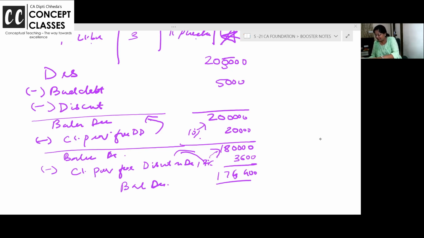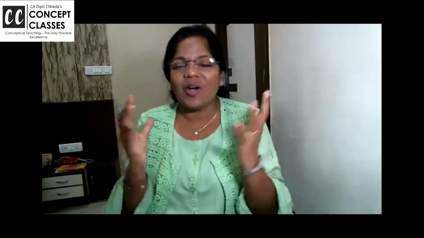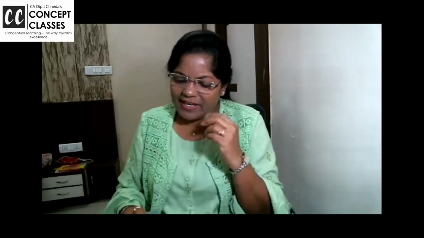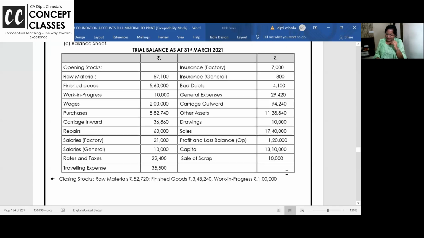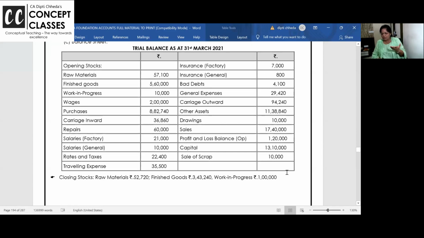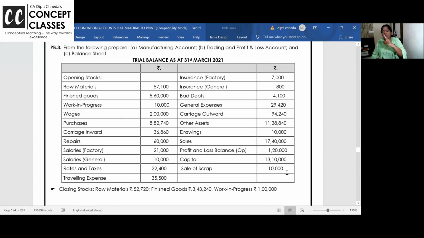Easy. चलो. Now, last, just to make a combo of all our knowledge, trading, P&L, मैन्युफैक्चरिंग अकाउंट, बैलेंस शीट सब बनाते हैं. मैम इतने बड़े प्रॉब्लम्स आएंगे? फ्रैंकली नॉट, बट देन इट्स अ वेरी गुड प्रैक्टिस टू नो कंबाइंड.